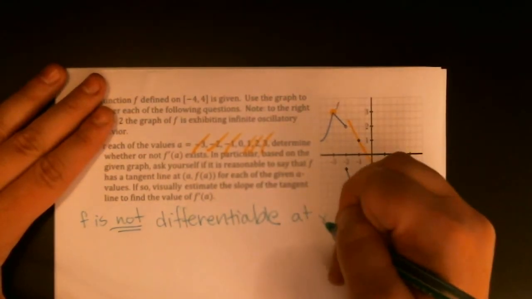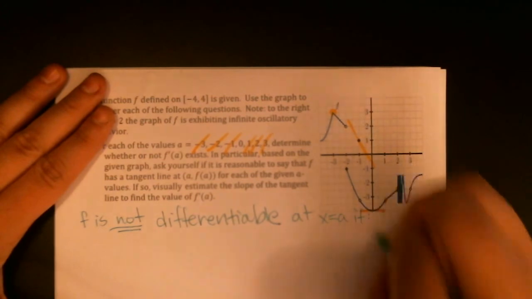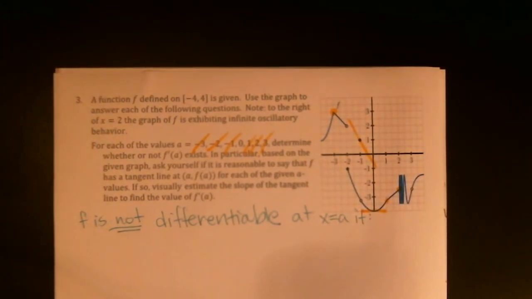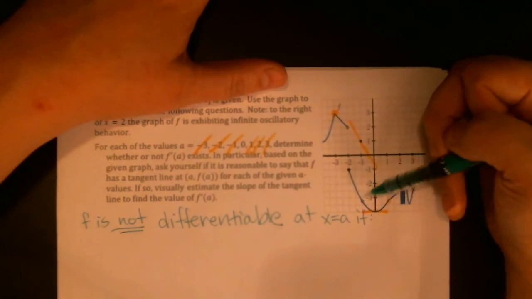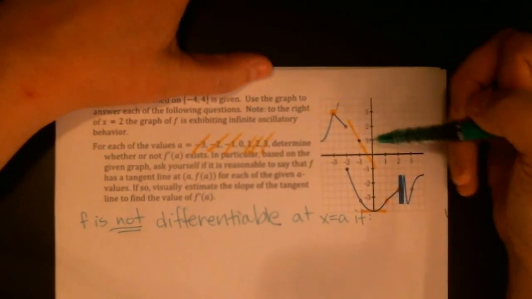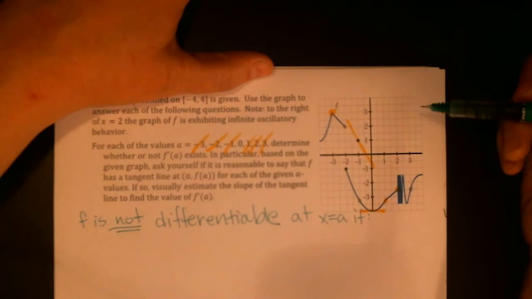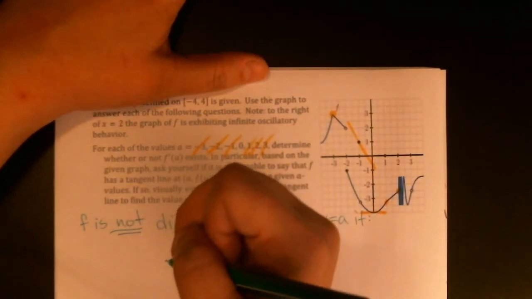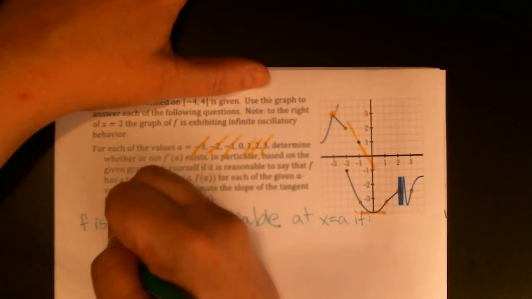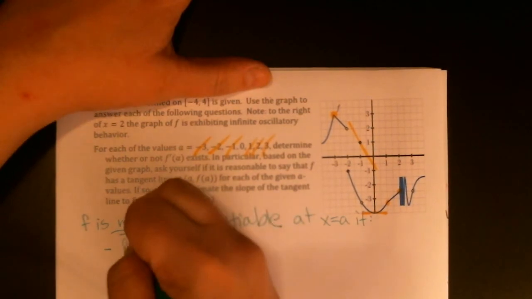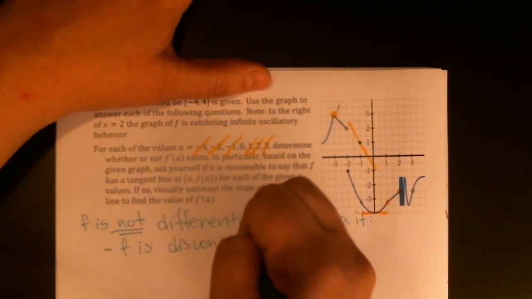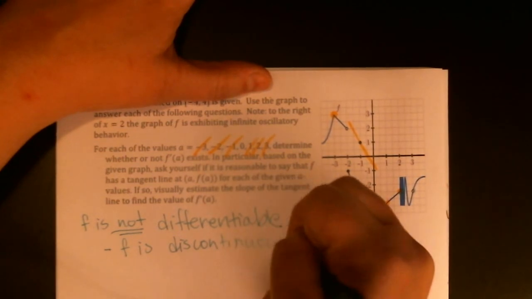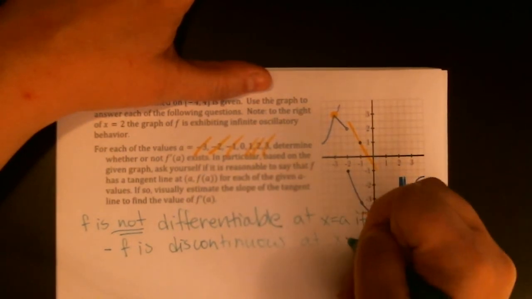at x equals a if, okay, so first thing, if there's any sort of discontinuity, if there's a jump, if there's a point removed from the rest of the graph, if there's a hole with no point, the function will not be differentiable. So if f is discontinuous at x equals a.